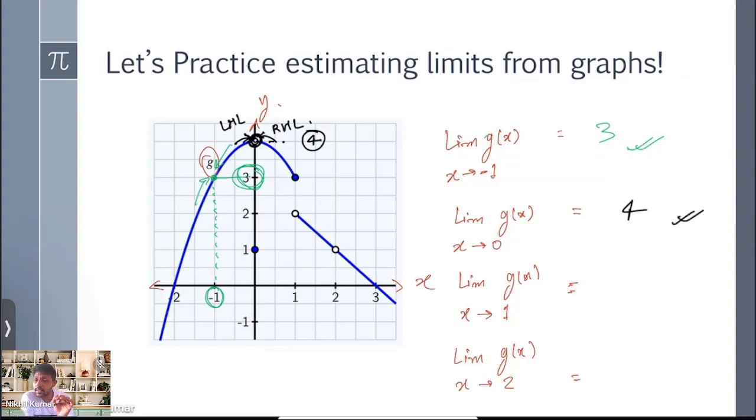What is the exact value of this function at x equal to 0? The exact value of this function at x equal to 0 is this. We are not bothered about the exact value right now, we're just finding the limit. Which value does this function seem to be approaching when we are approaching 0 from either side?